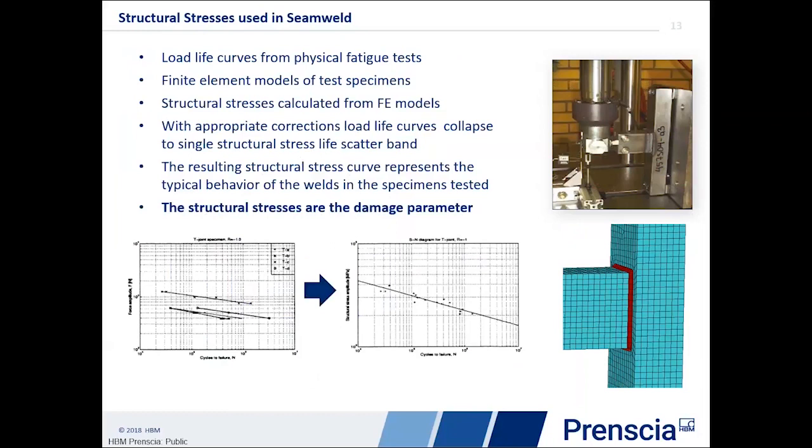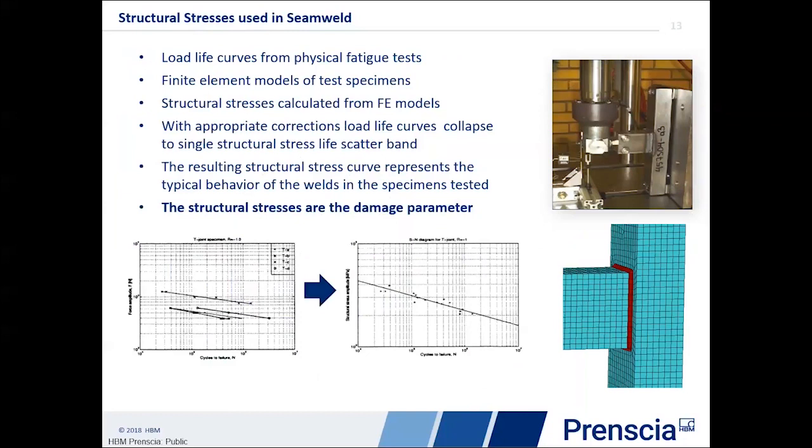Now, because the specimens have different gauge thicknesses and different part geometries, there's a huge scatter in these load life curves. The key here is to take those individual specimens, model them with a fine element modeling procedure that we have defined as the way we're going to represent a weld in a part, and then back calculate out of those specimens the structural stresses that come from this.